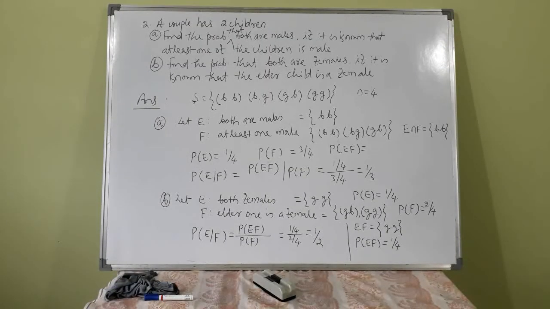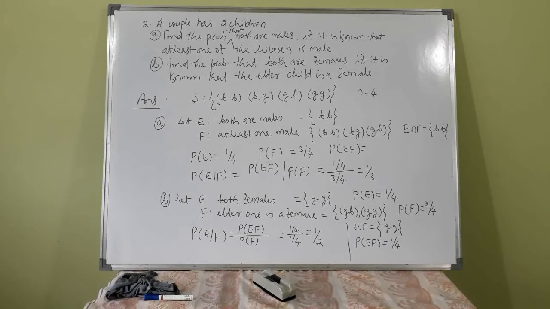See the second one. This is also one of the frequently asked type of question. A couple has two children. Find the probability that both are males if it is known that at least one of the children is male. That means you have to find the probability that both are males given that at least one child is male, isn't it?